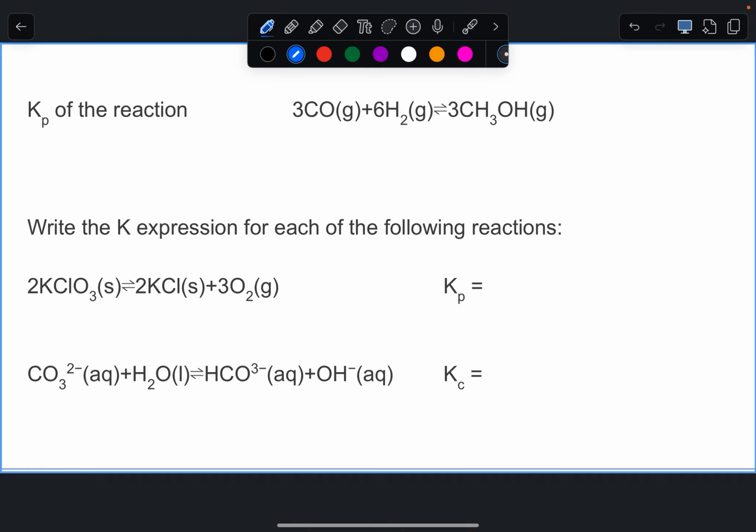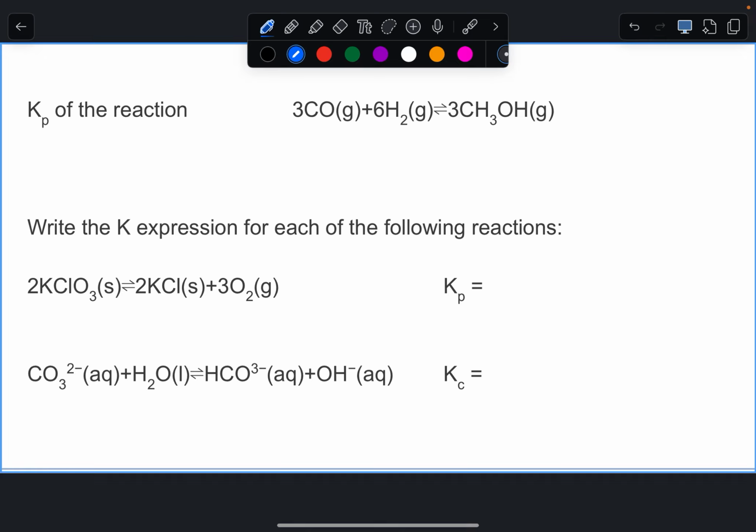If there was 1 gram left, we would know that we had reached that equilibrium point, like all that could dissolve did dissolve. But it doesn't actually matter if there's 1 gram or 30 grams. So we don't have to include those amounts in the K expression. Also, think about it, is there actually a concentration of a solid if it's not dissolved into something? You can't say it has a concentration. So we don't include those, okay?